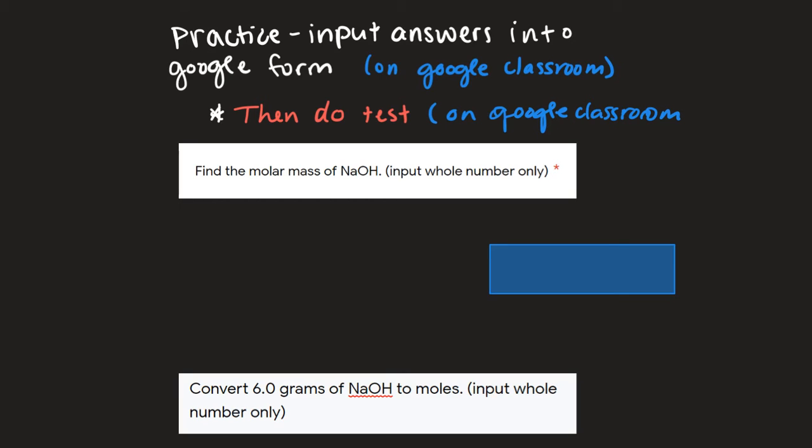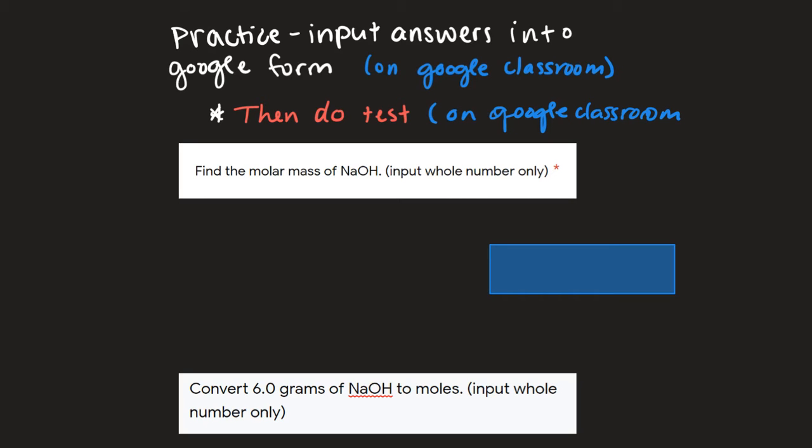Make sure that you take note of the answers, because you're going to be inputting the answers that I have here into my Google form. This will help you on the assessment that is already posted onto Google Classroom. The assessment is going to be very, very similar to this practice, just a few things are going to be changed. Okay, so let's go ahead and get started.